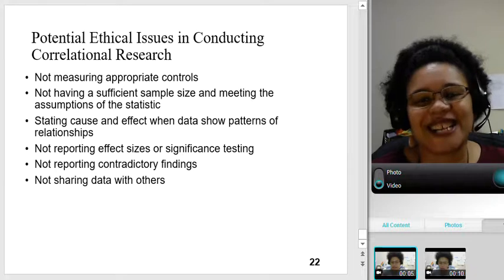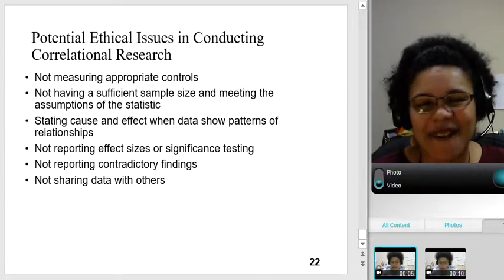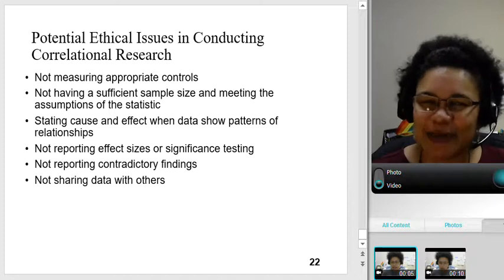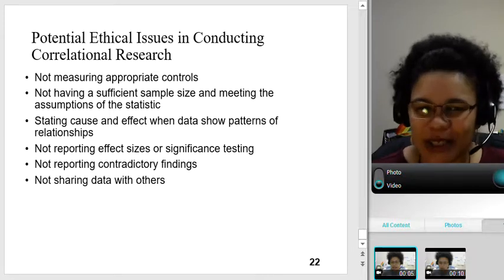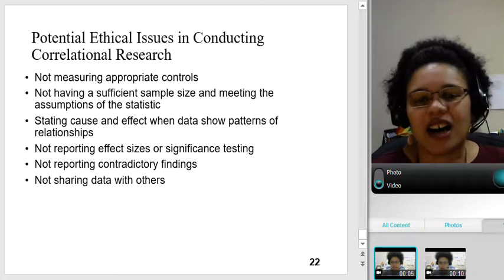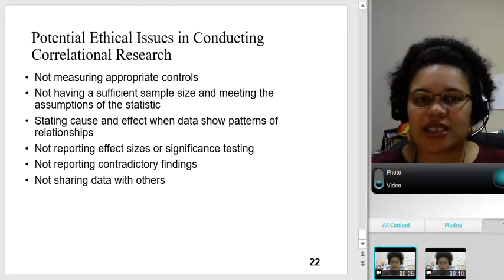One ethical issue is people say cause and effect when it's actually patterns of relationships. They haven't quite established causality. Another problem is sometimes folks don't report effect sizes or significance testing, and those are just ways to strengthen your argument using statistics.